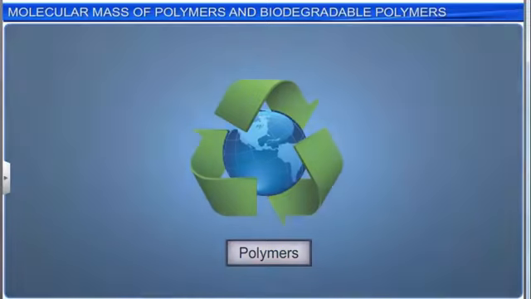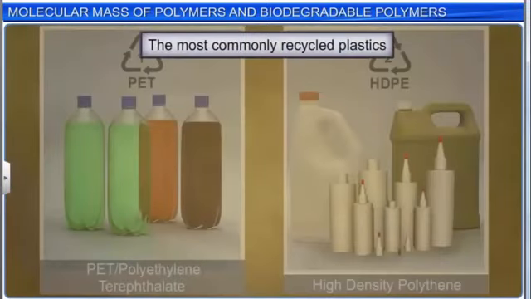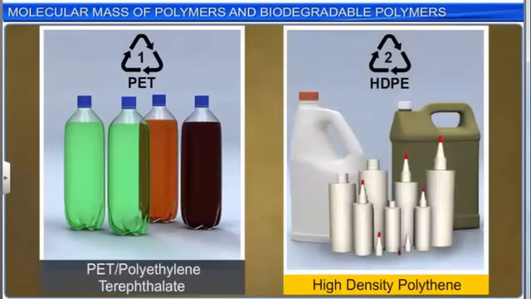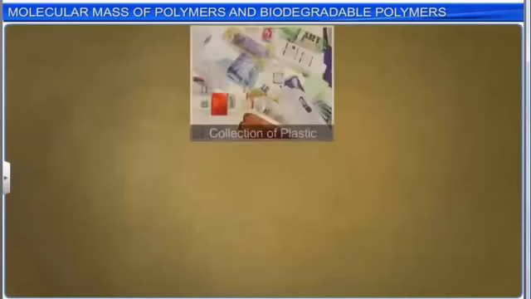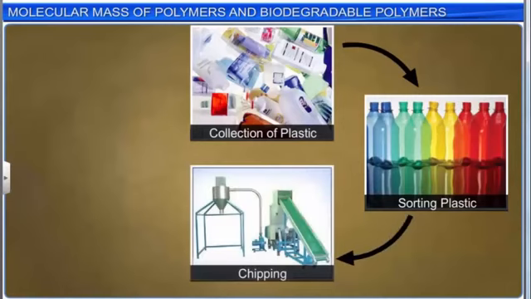In practice, the most commonly recycled plastics are thermoplastics such as PET, polyethylene terephthalate, and high-density polythene. Plastics are recycled by type and then by color. Finally, the samples are subjected to chipping, which involves chemical treatment. After chipping, the plastic can be reused.